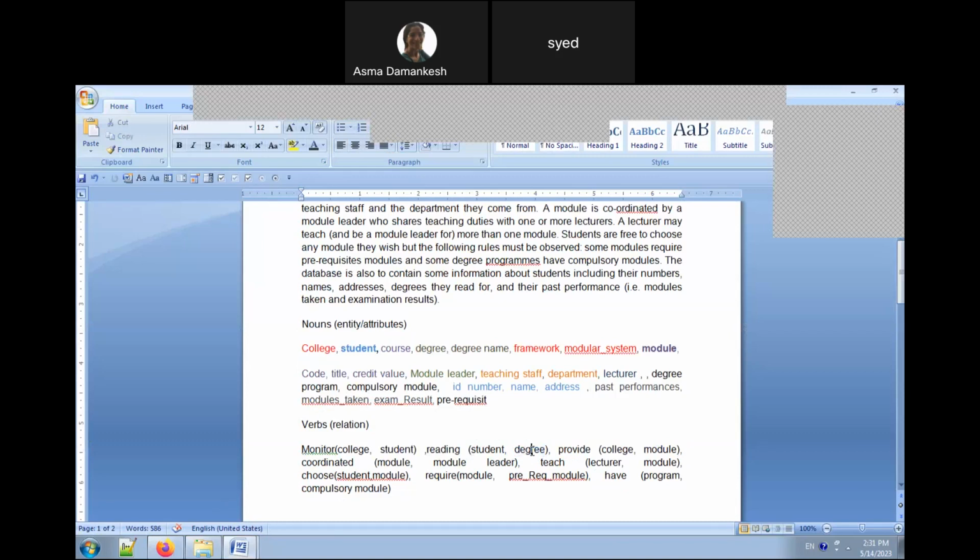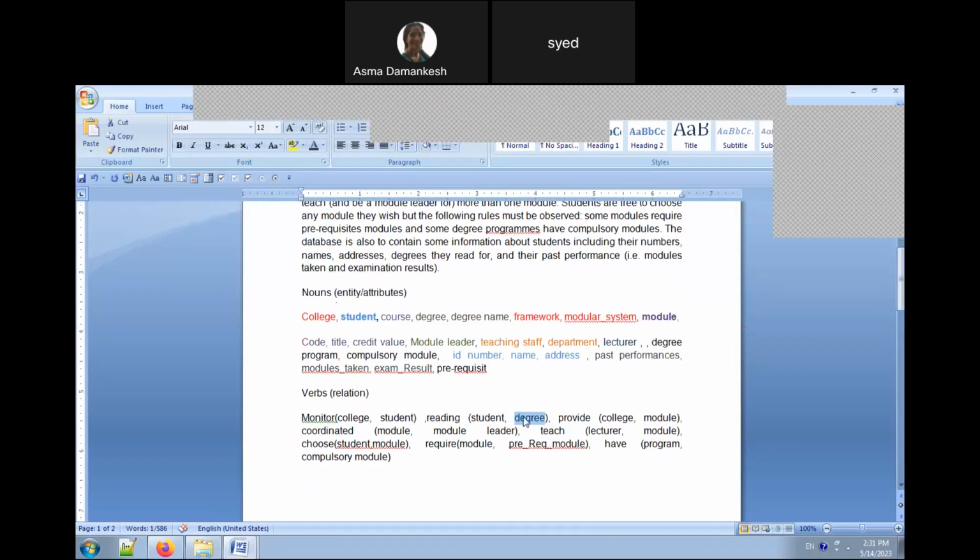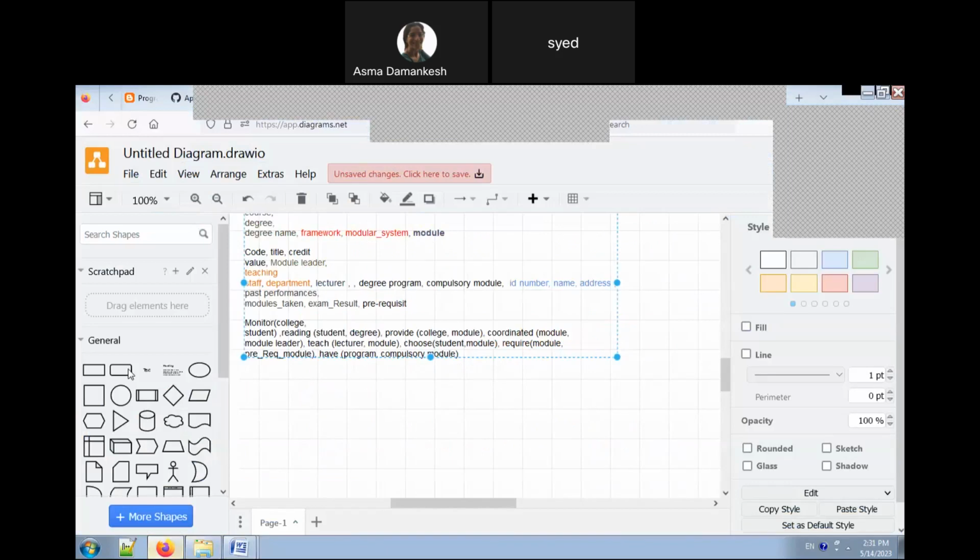A student enrolls in a degree, yeah? Actually, it's the degree that offers the module, no? Do you agree? So I can either use the word degree or college. But since degree program has more relation, I'll choose the degree program. So let's do degree program. That is my first entity.